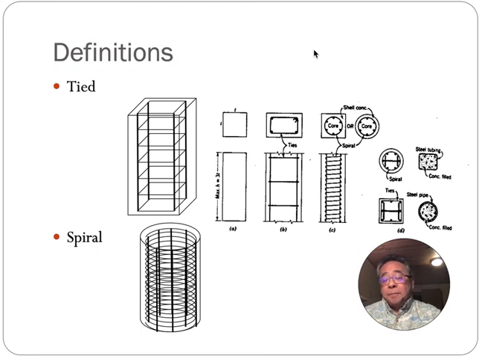So let's say you lose 40% of the concrete spalling off outside the tie. The concrete inside the ties, not so coincidentally, increases 40% in strength. And so it's a wash. You lose 40% area, but you increase the strength by 40%.